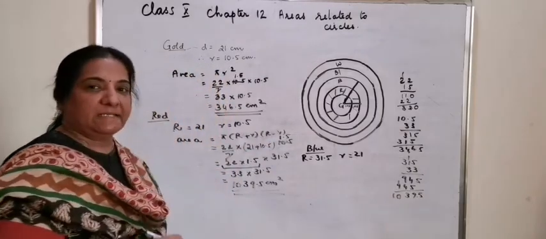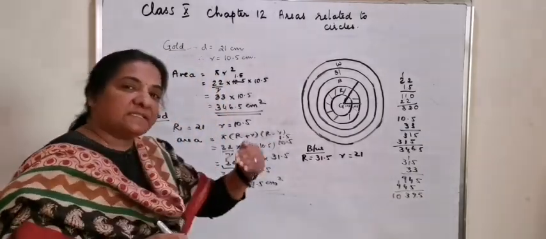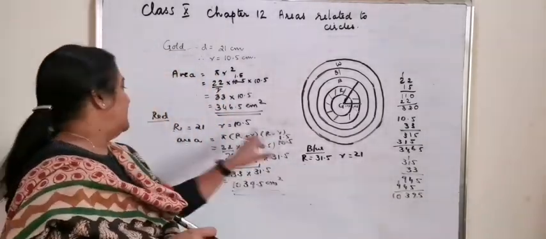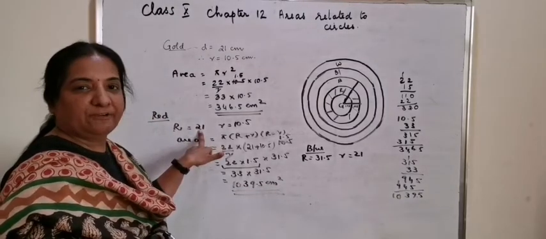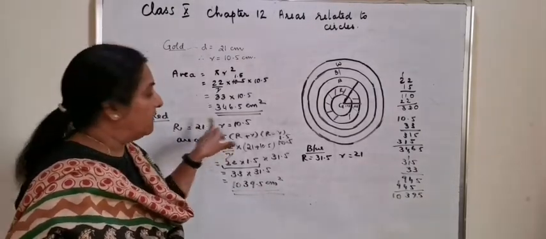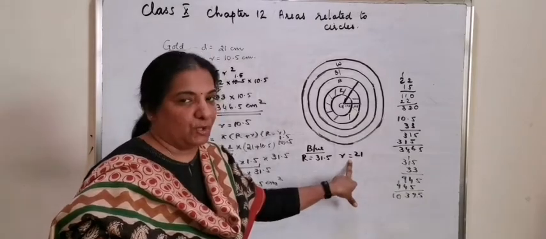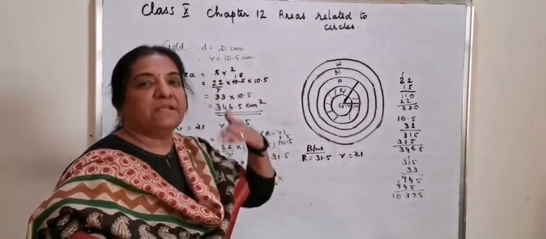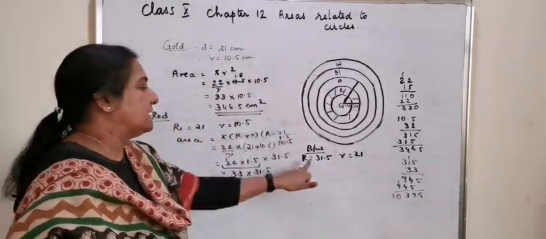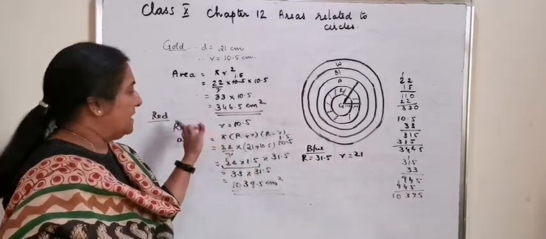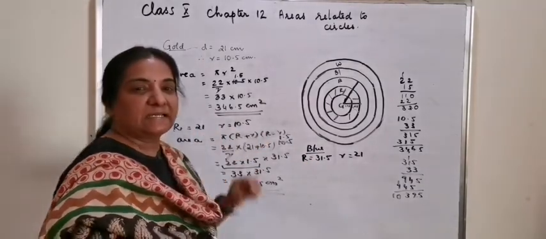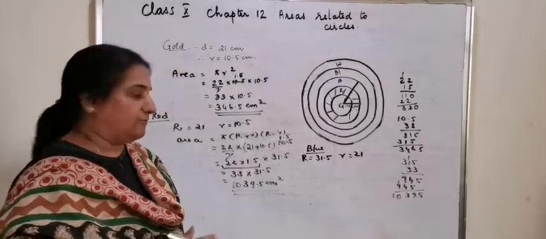How do you calculate it? At each step, capital R will be added with 10.5, and capital R will take the place of small r. The outer radius will get increased by 10.5, and the inner radius also will get increased by 10.5.